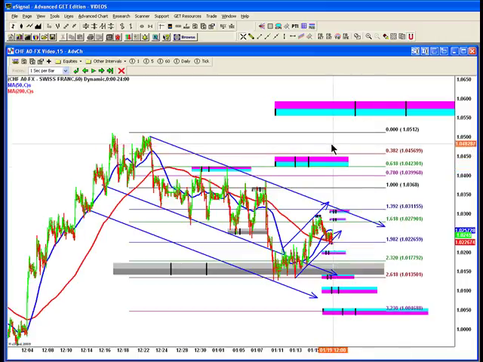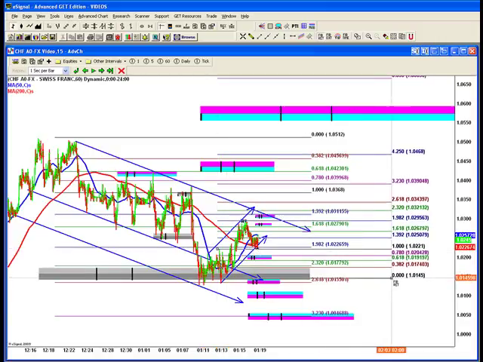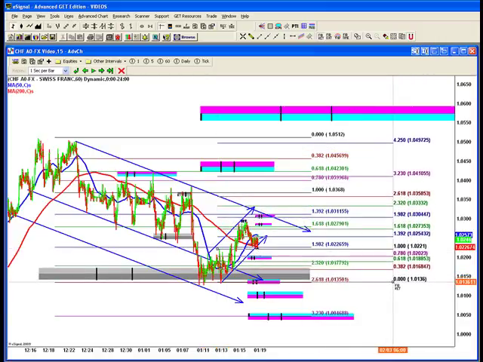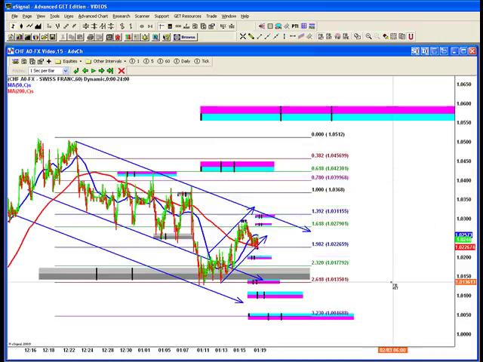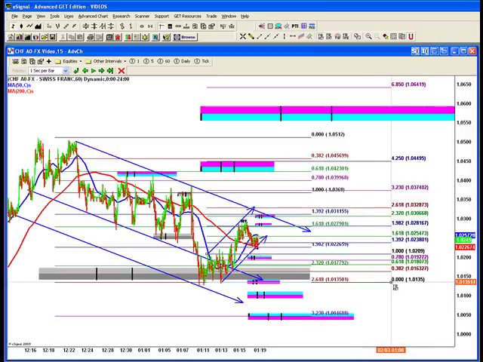Let's apply exactly the same technique we did with the Euro USD yesterday, and try to measure whether there is a possibility to find levels where we can expect coincidences. Well, here we are.